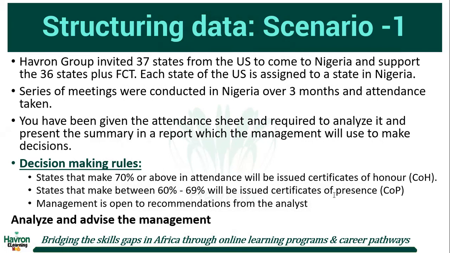All right, so we are going to set this rule so that Excel will just mark these people for us. That's number one. Number two, Excel will return the words certificate of honor against each of them. Okay, so now let's go back to our Excel sheet.